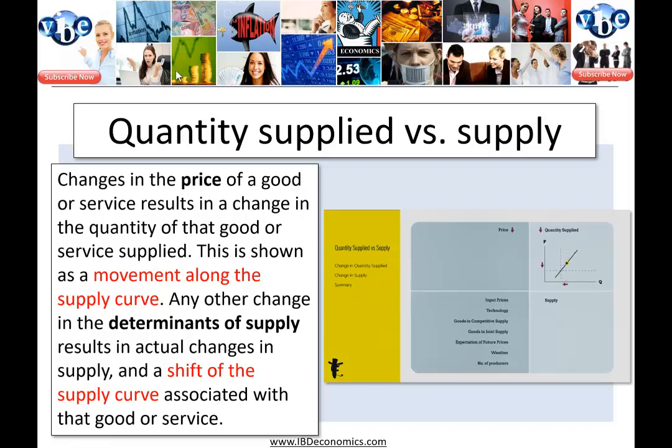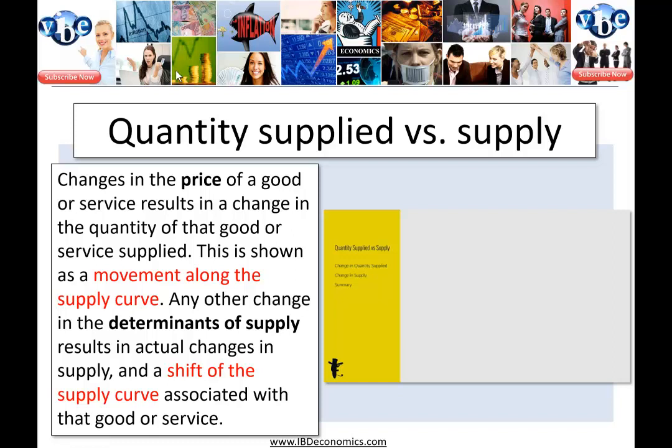It's a movement down the supply curve. When any of these non-price factors change in respective directions, supply increases. So the supply curve shifts right. When these factors change the other way, supply decreases. So supply curve shifts left.